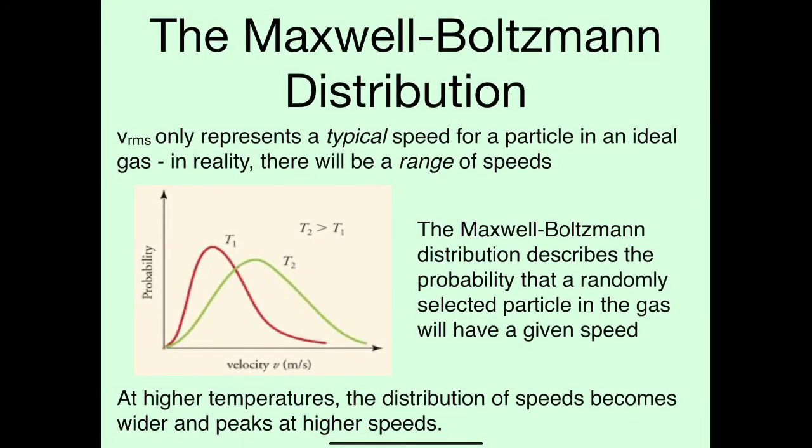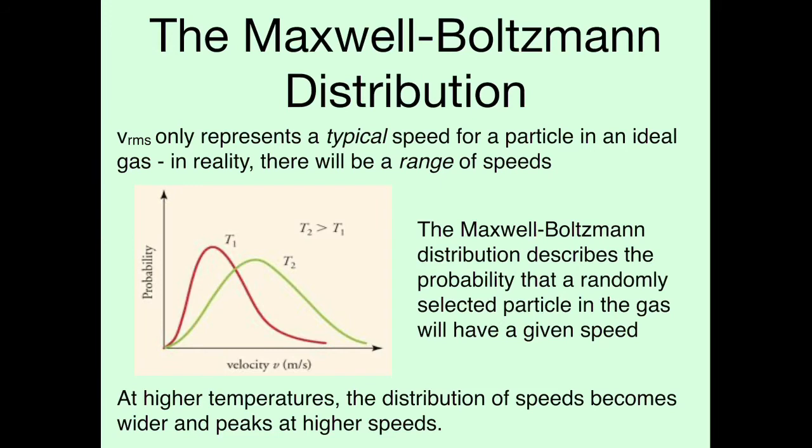Okay, so the last thing that I want to talk about in the kinetic theory of gases is the Maxwell-Boltzmann distribution. We have a way of calculating VRMS, which you should think of as sort of an average or typical speed that particles in the gas have. But in reality, you should also have in the back of your mind the fact that not every single particle has that speed.